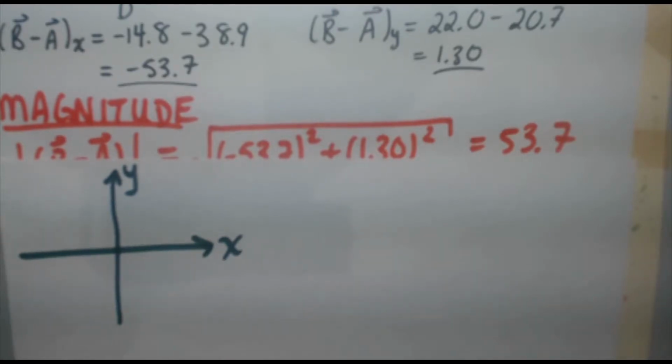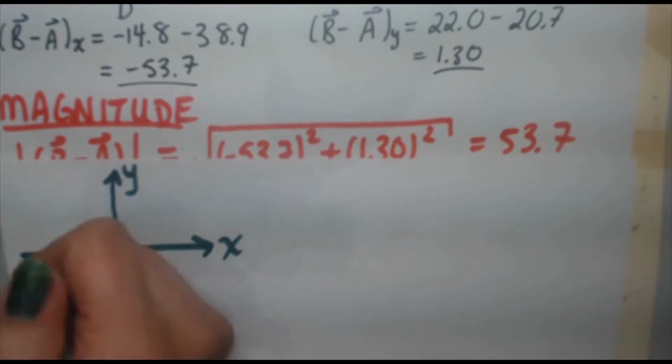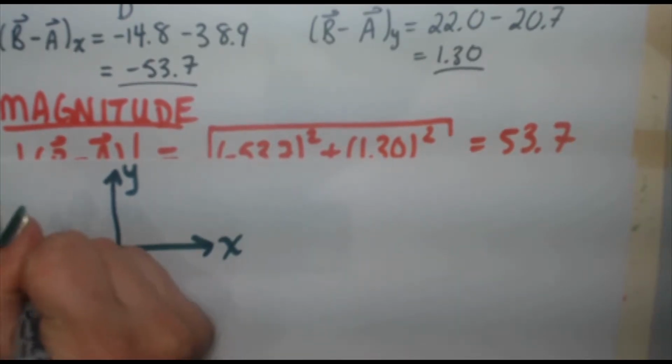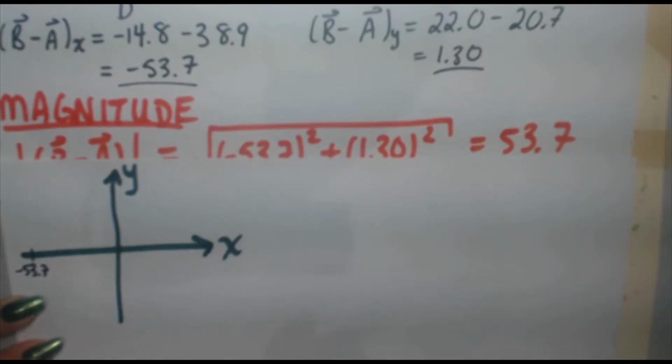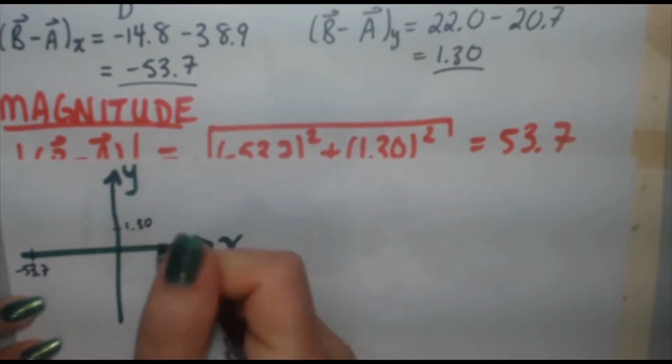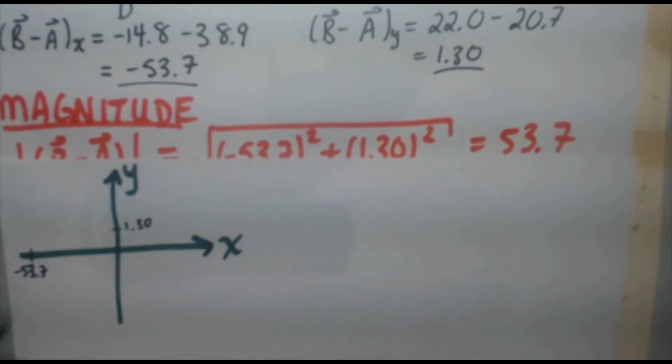This is going to be a rough scale, of course. So assume that to be minus 53.7 along the x, and we're going to go up to 1.3 on the y. Again, it's clearly not exactly to scale, but this is the general idea here.